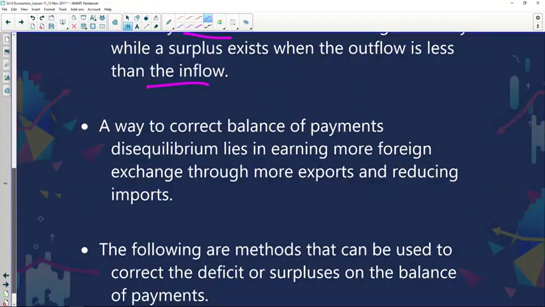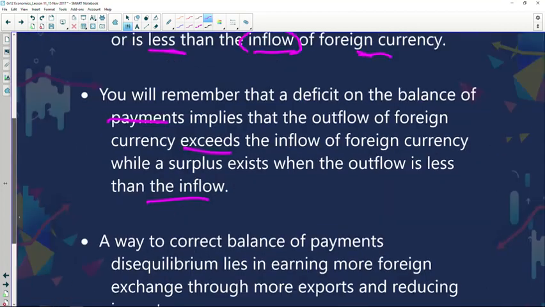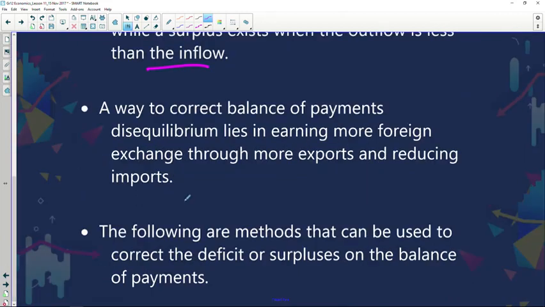So a way to correct the balance of payments disequilibrium lies in earning more foreign exchange through more exports and reducing the imports. Okay, so I'm going to move up. There we are. My screen is now behaving. So we're reducing the imports, but we want more exports to happen.